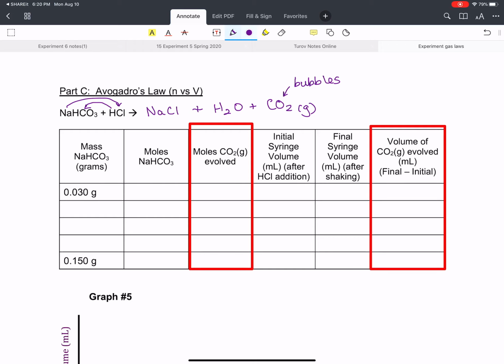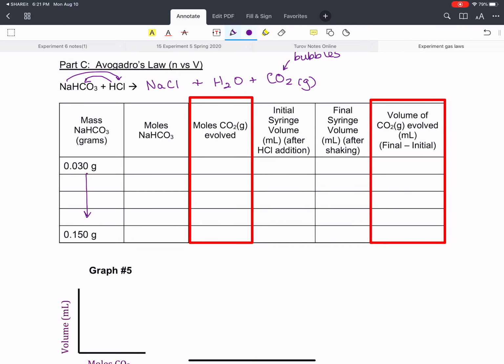So there are different masses of sodium bicarbonate that we add in a range from 0.03 to 0.15 grams, and you'll see those values on the spreadsheet. So to go from grams of sodium bicarbonate to moles, we just divide by the molar mass of sodium bicarbonate. And notice, because we have a 1:1 relationship between the moles of sodium bicarbonate and moles of CO2, these columns will have the same values. So you can just simply copy them over.